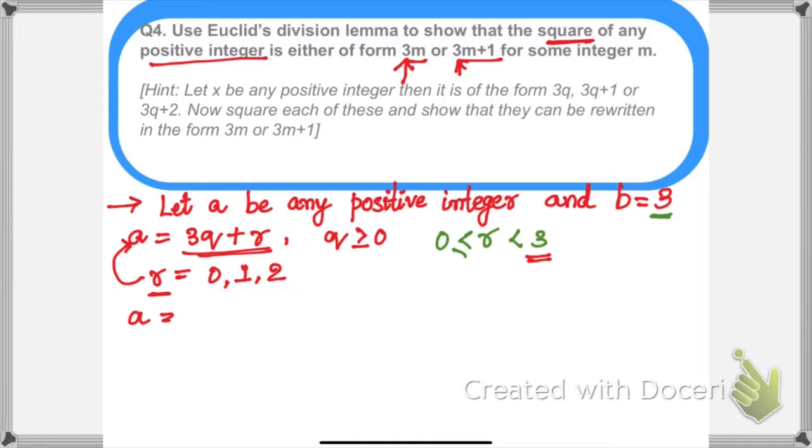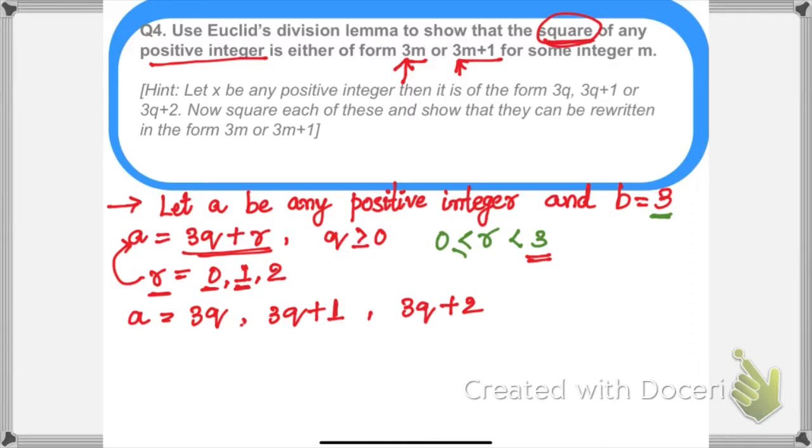Therefore, putting this value of r in this equation, what we will get? a is equal to, when the value of r is 0, we will get 3q, or when the value of r is 1, we will get 3q plus 1, or we will get 3q plus 2, right? Now what we need to find? We need to show that the square of any positive integer, means we need to square on both the sides.